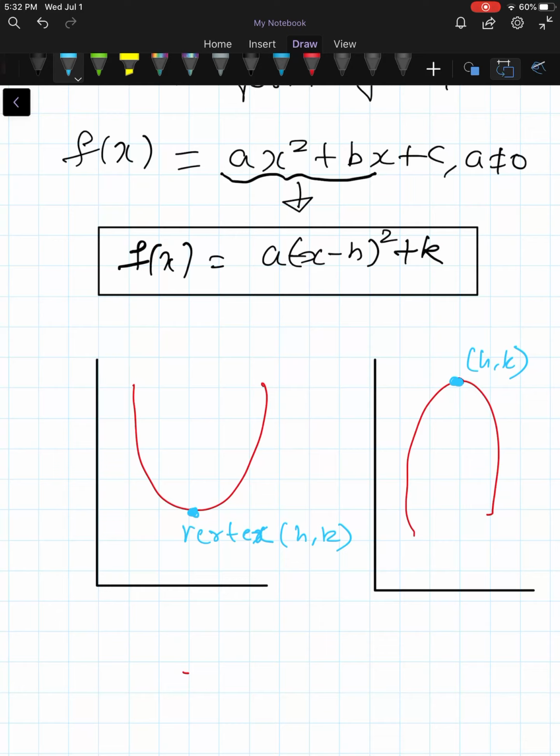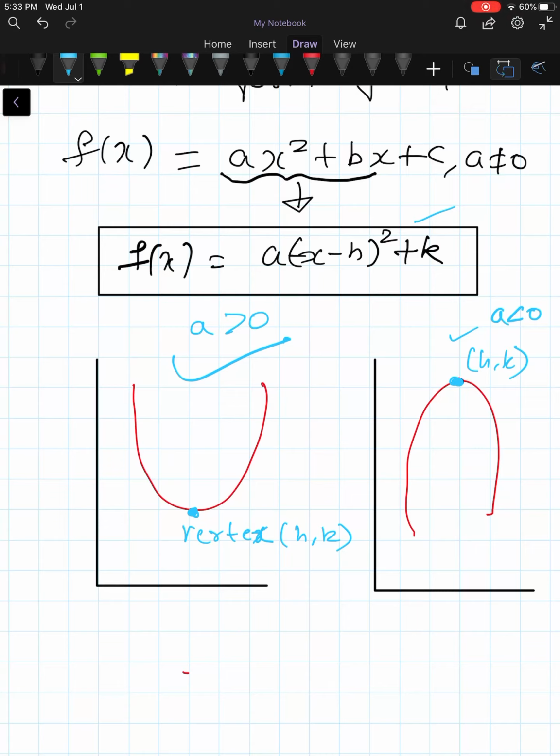So if you express the given equation in this form, you can identify exactly where the vertex h comma k is. The parabola opens upward, that is this one, when a is greater than 0, and it opens downward when a is less than 0.